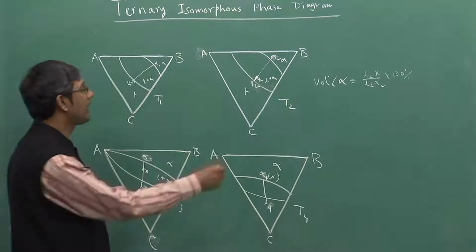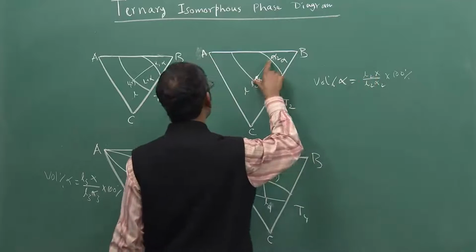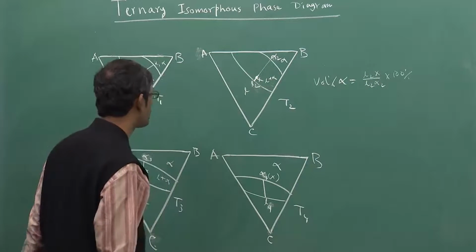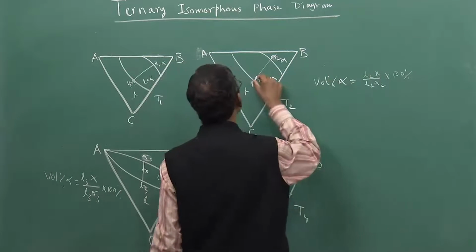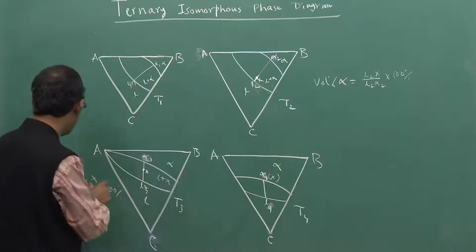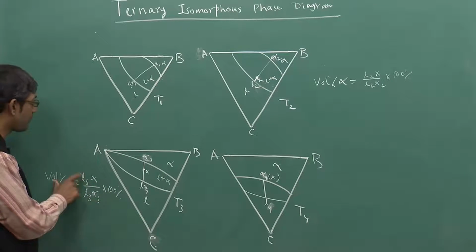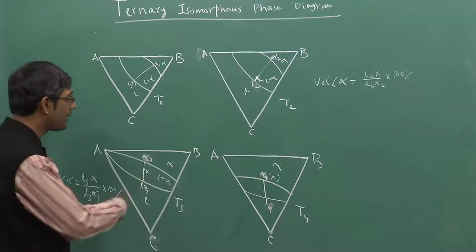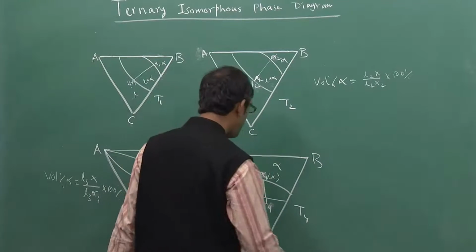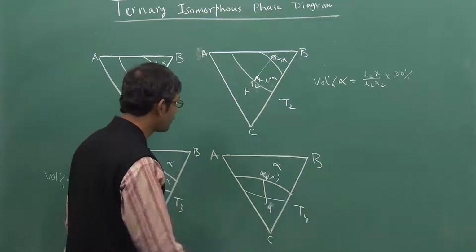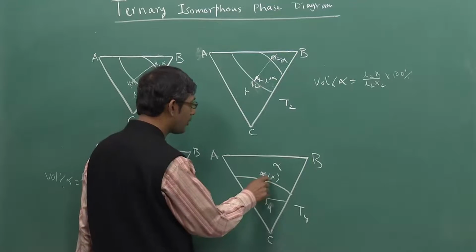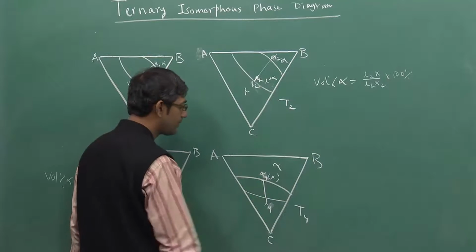If you look at this ratio, this length is changing a little bit, but not much. L2x is very small, on the other hand L3x is large, so the volume fraction of alpha has increased. Now, if I go to T4, where solidification has ended, alpha 4 and X are sitting on each other and L4 is here.